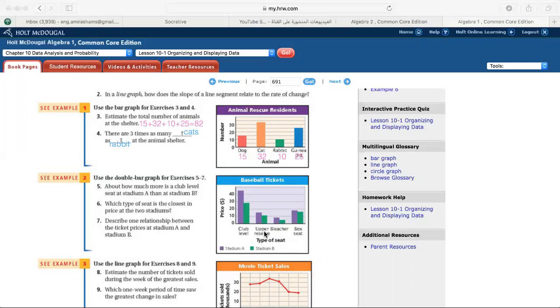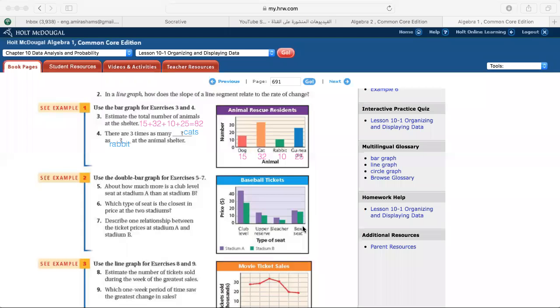How will I read the second one? The upper reserve. The upper reserve in Stadium A is here in the middle between 10 and 20, so it is 15, and in Stadium B, it is here on 10. Bleacher in Stadium A is almost near 10, so it is 8, and the green one is 5.